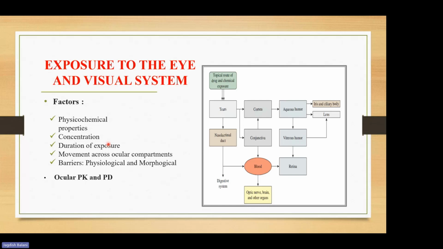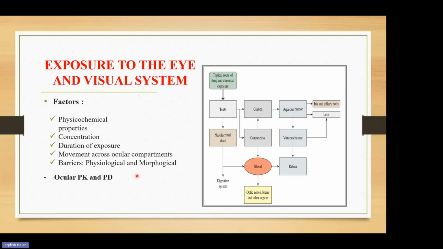And duration of exposure: a short duration of exposure may not create a toxic response. Movement across the ocular compartments: as I said, it may travel from the cornea to the retina. That depends on the physicochemical properties, and on the barriers which allow it to reach there or not. There are two kinds of barriers, physiological and morphological barriers.